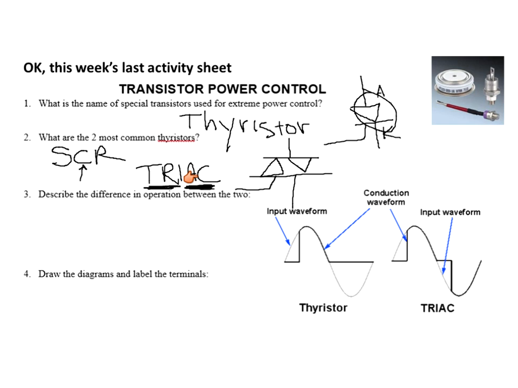So describe the difference in the operation between the two. An SCR can only control DC current, and a triac can control current in both directions, or AC. Now, if you look at these conduction diagrams here, I'm applying AC to both of them, but the SCR will only conduct one polarity right there.